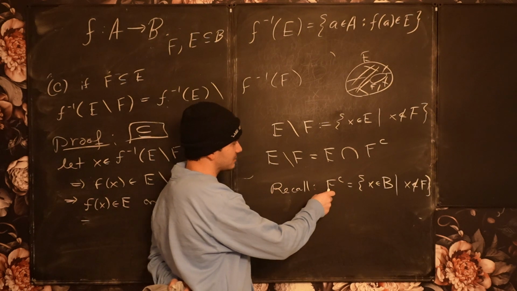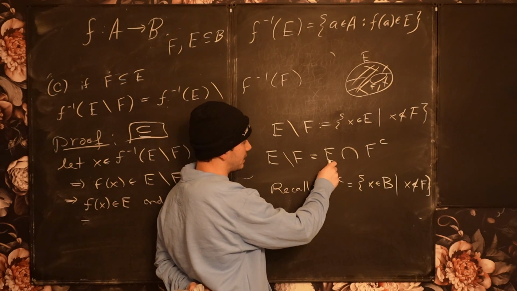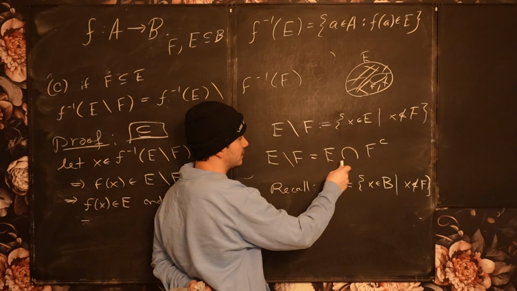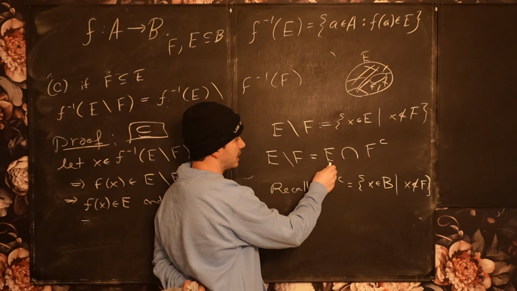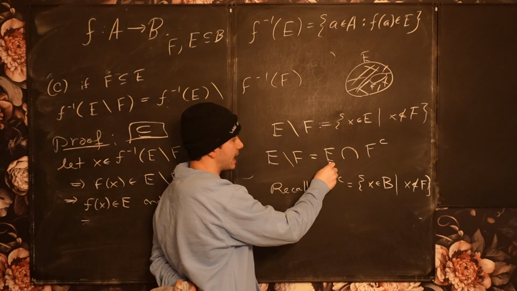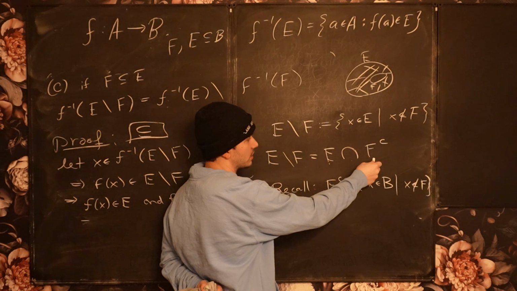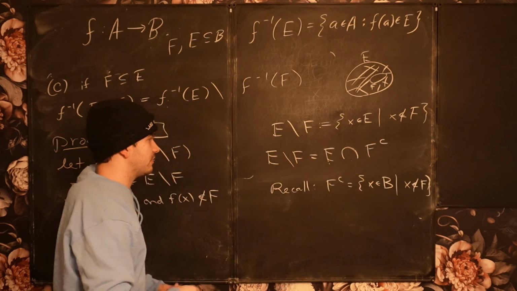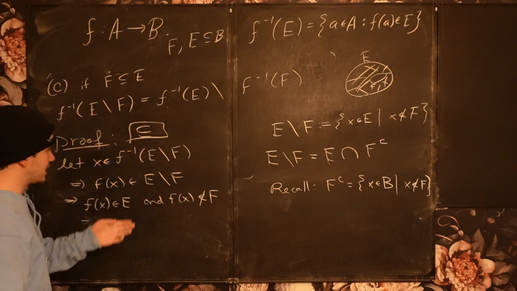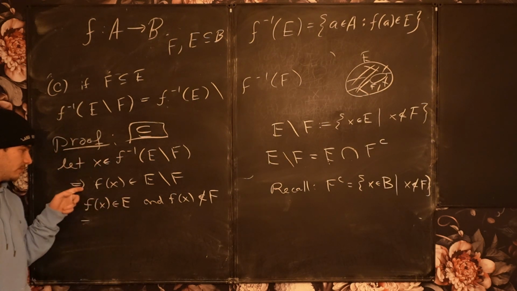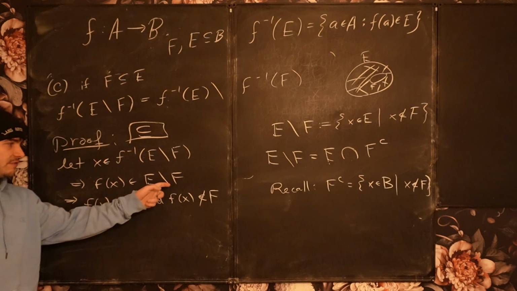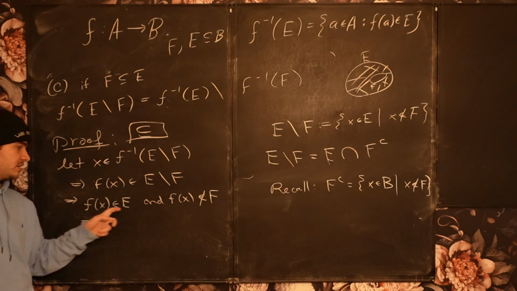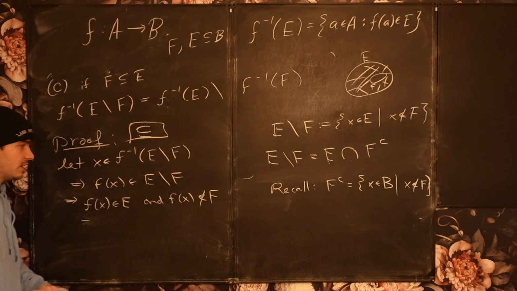Saying that an element belongs to E intersect F complement is the same thing as saying x belongs to E and it does not belong to F. That's exactly the definition of E set minus F. So that's what allows me to pass from this line to this line, just using the definition of the set minus. So f of x is in E and f of x is not within F.